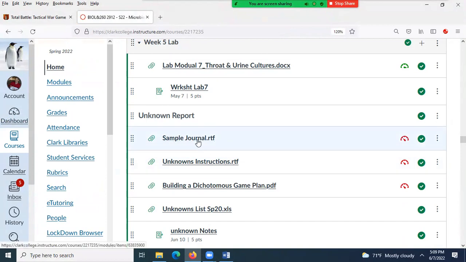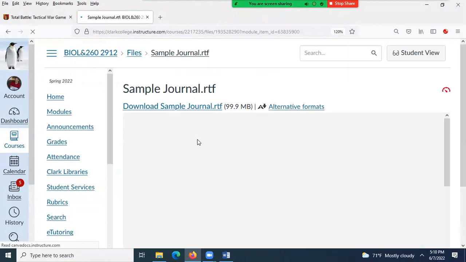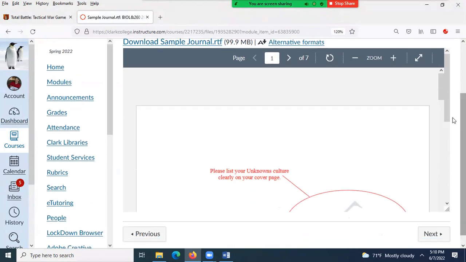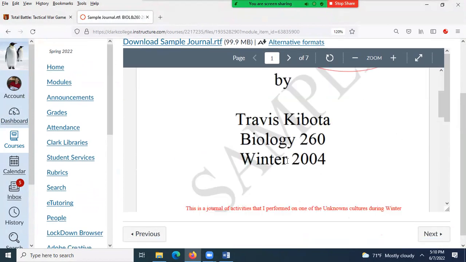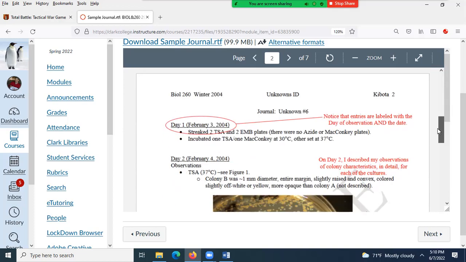So the sample journal gives an example of the unknown report. Do not have a title page as the unknown report example has.